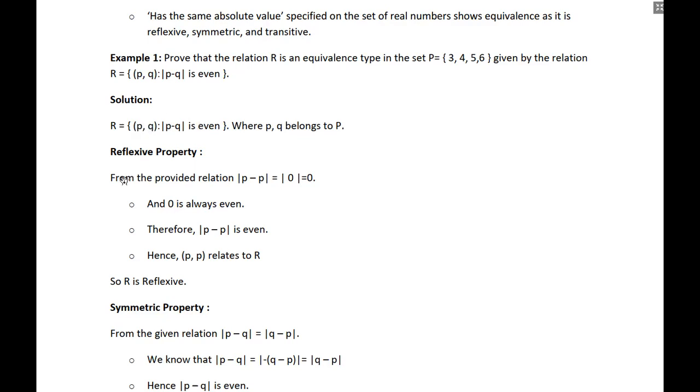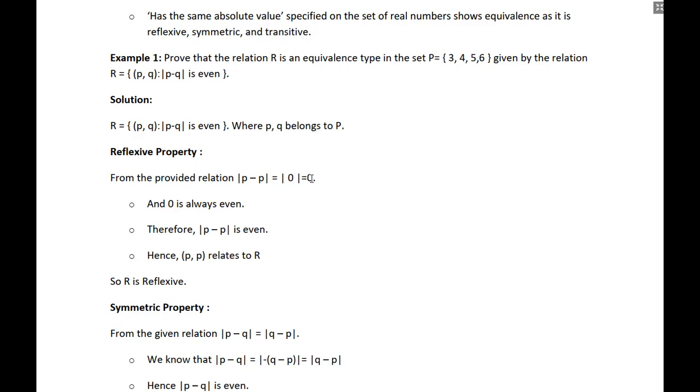Now we check the reflexivity from the provided relation, P minus P. According to the definition of the relation, if P minus P is an even number, we can say that P is related to P. As you know, P minus P is equal to 0, and the absolute value of 0 is 0. 0 is an even number.